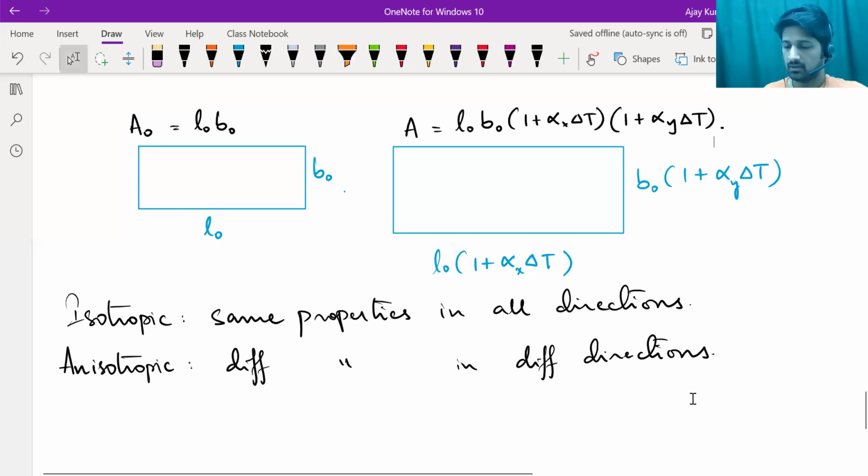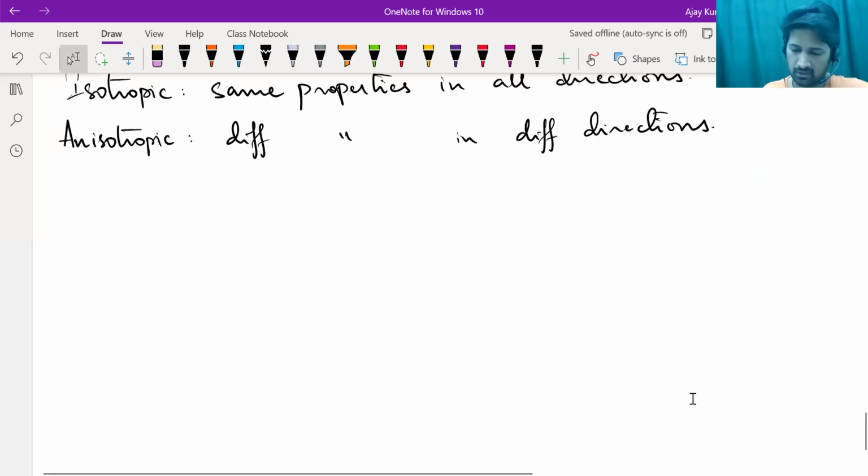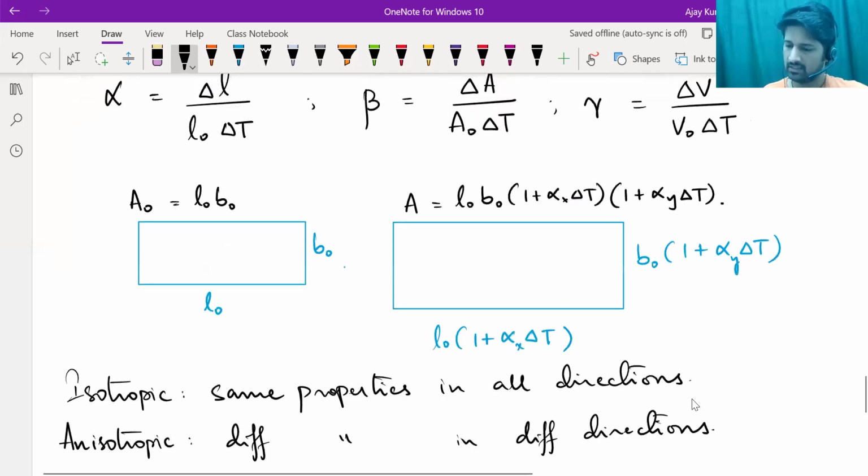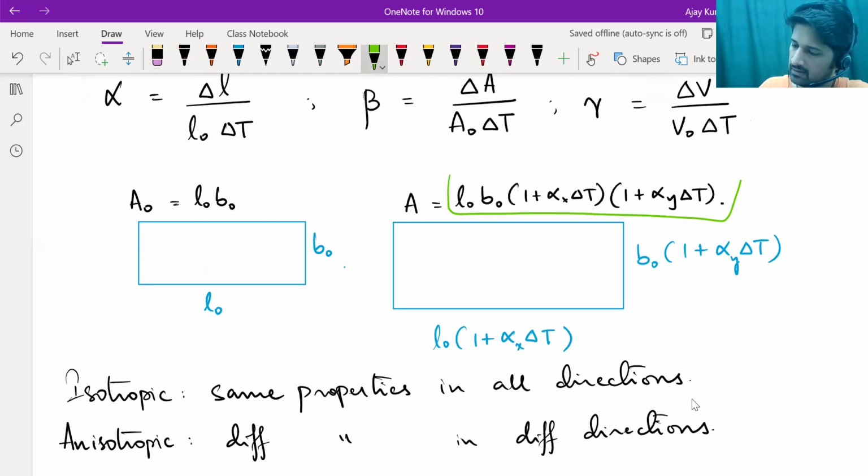Now we want beta in terms of alpha. How do you get beta? Change in area divided by original area multiplied with the temperature difference. Now, how do you get change in area? You will have to subtract the final area minus the initial area.